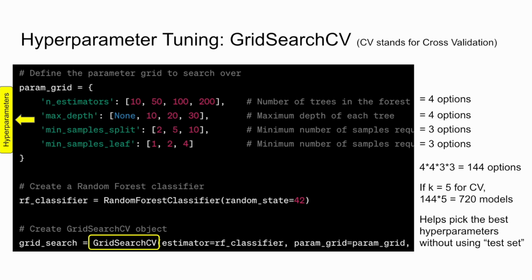The grid search CV will train 5 models for each of the 144 options, hence a total of 720 different random forest classifier models. This helps us find out what combination of hyperparameters gives best performance based on cross-validation sets, and this hyperparameter combination can then be used to train a model on the entire training set.